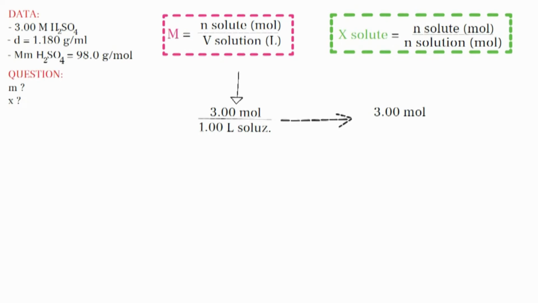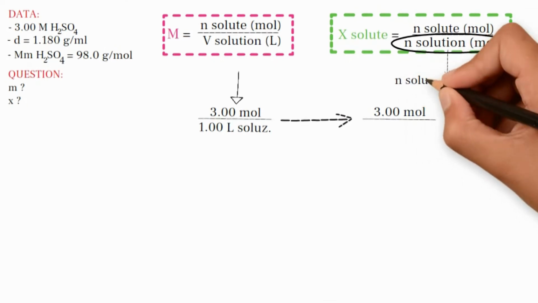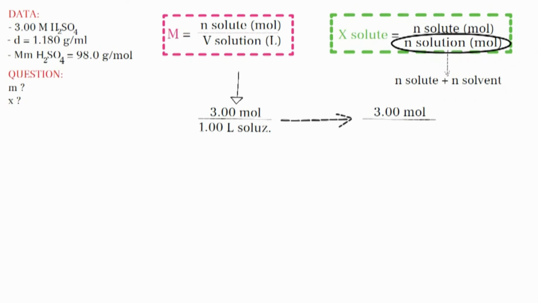What we do not have is the moles of solution, so we need to calculate that. We know that the moles of solution equal the moles of solute plus the moles of solvent. The moles of solute we know. What we need is the moles of solvent.